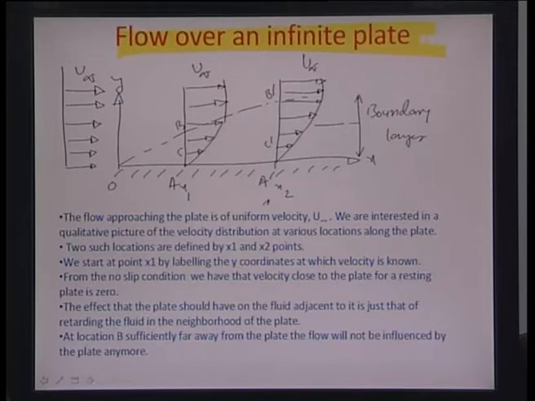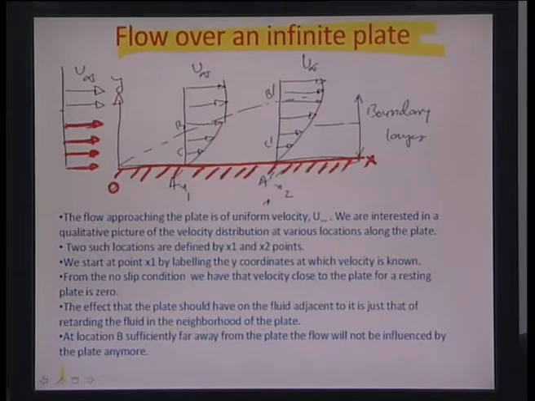So, let us suppose you have this fixed plane here which is represented by this surface OX, okay, and this is also in the x direction. Here, as you see, the flow approaching the plate is of uniform velocity, let us say u infinity. So, there is a certain flow which is approaching, which has a velocity u infinity.